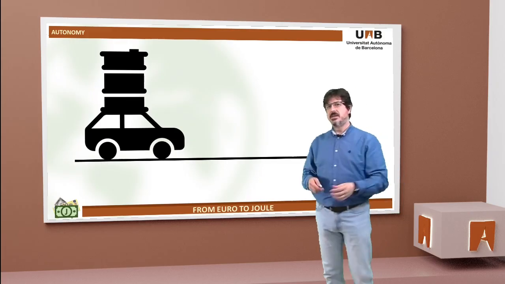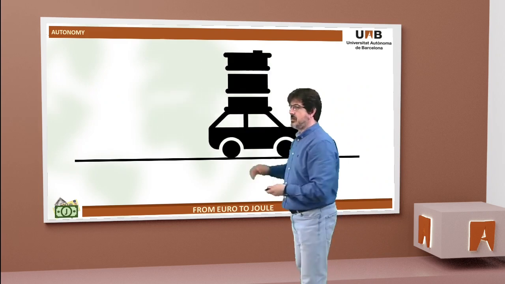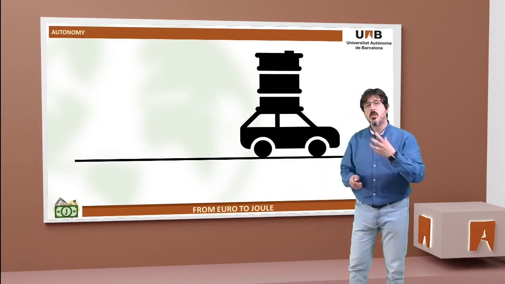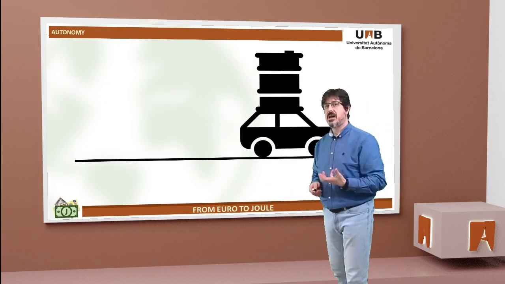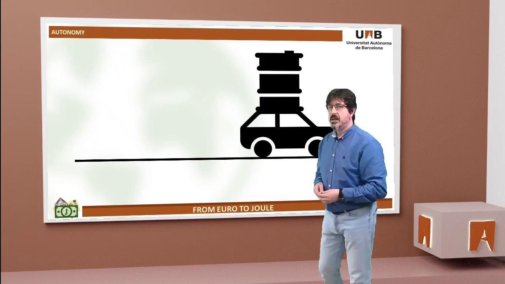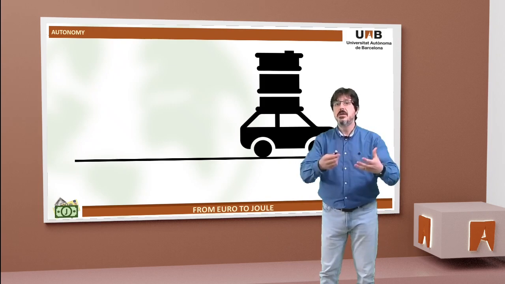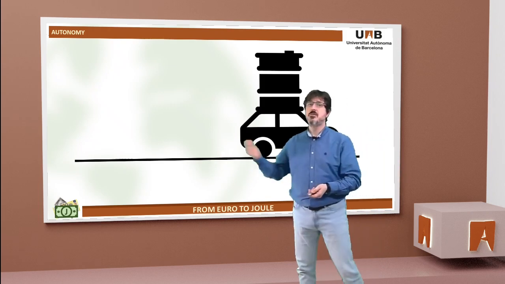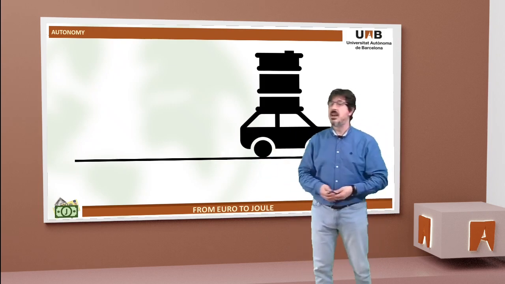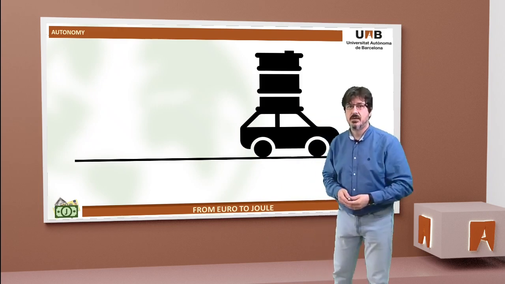And why is this property so desirable? This is because when we move, we carry our fuel with us. And with a very low heat of combustion, this would mean that when we move, we would need to carry a lot of fuel with us.